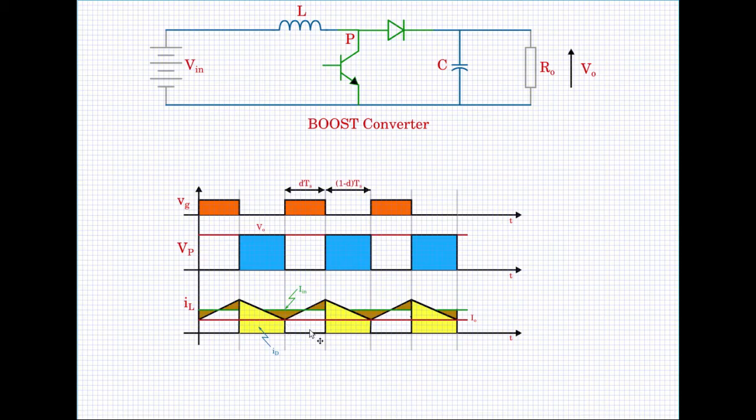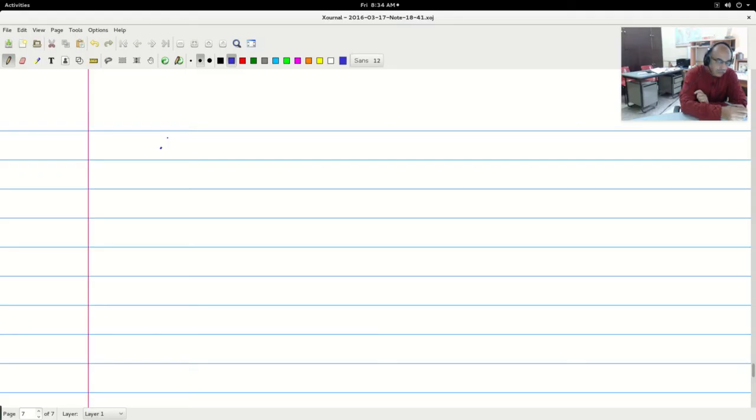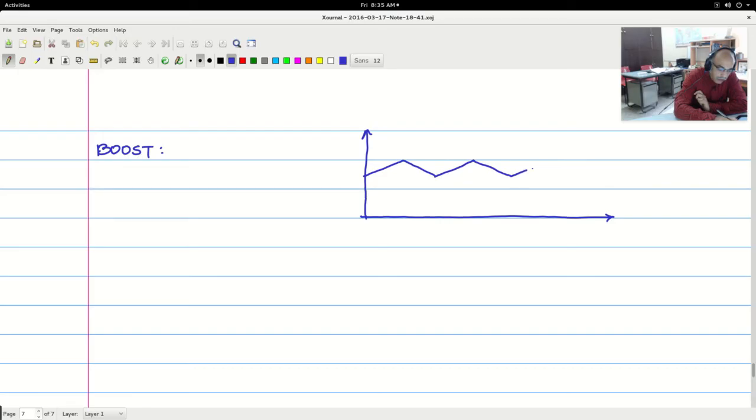Now let us look a bit closely at the current waveform so that we can calculate the values of C and L. In the case of the boost converter, we saw the inductor current waveform is something like this. So I will draw the inductor current waveform here, and we have seen that there is a kind of a triangle ripple like this.